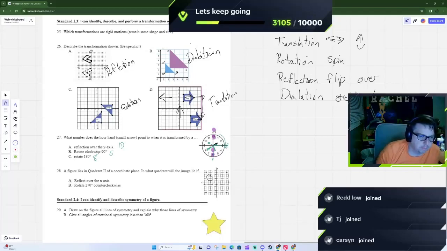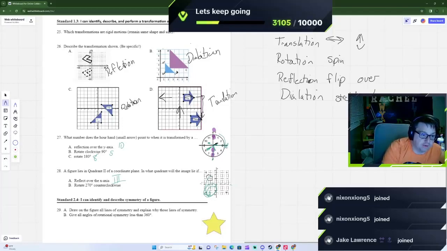All right, a figure lies in quadrant 2 of the coordinate plane. What coordinate will the image lie if we reflect over the x-axis? So if we reflect over this axis, so we're going to flip it over, it's going to wind up down here in quadrant 3.